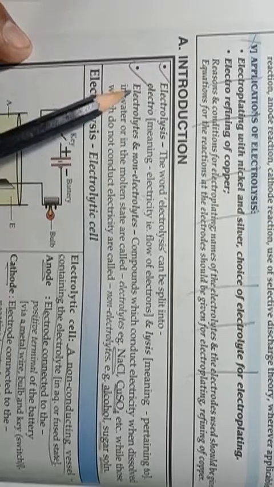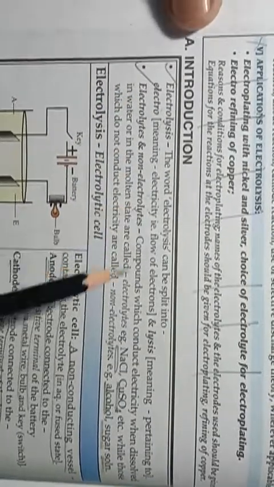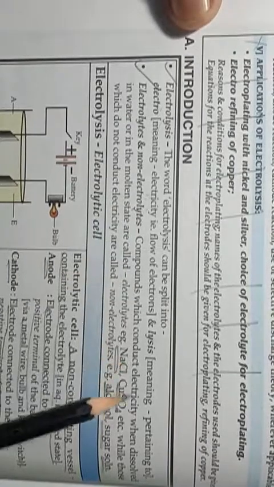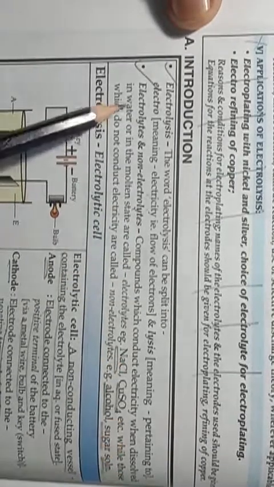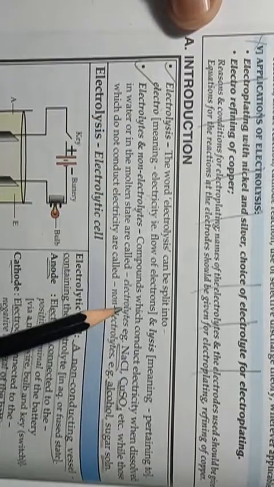Then the next heading, electrolytes and non-electrolytes. Compounds which conduct electricity when dissolved in water or in the molten state are called electrolytes.